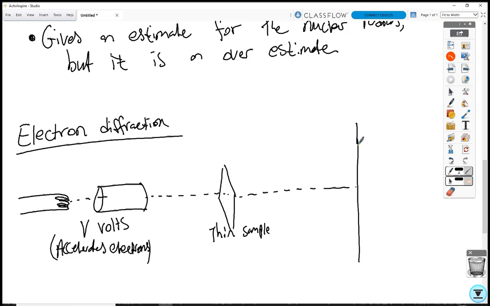So as it's passing through the thin sample, the nuclei start to behave like slits. And so diffraction occurs because electrons have wave-particle duality. And on the other end, you get a single-slit diffraction pattern.